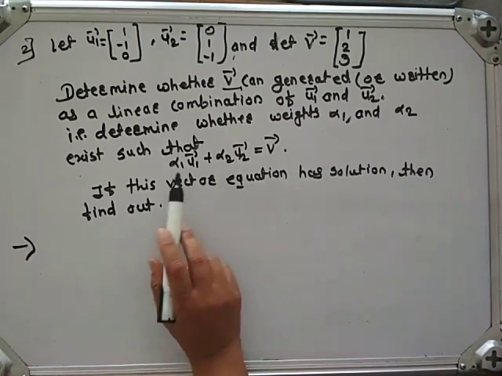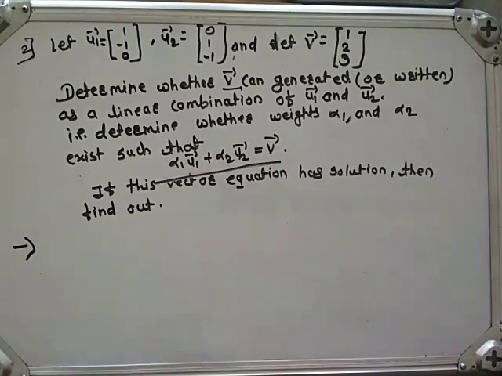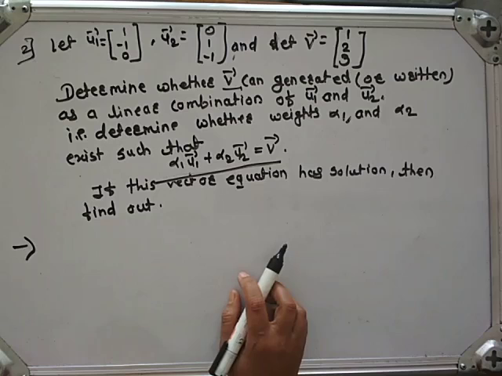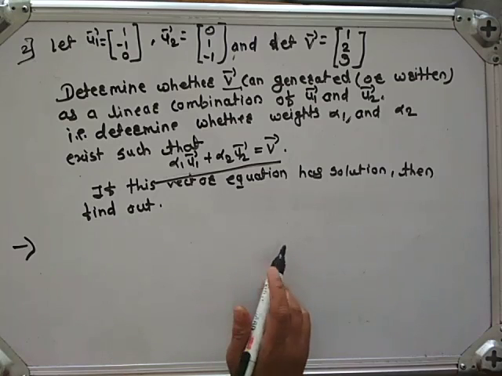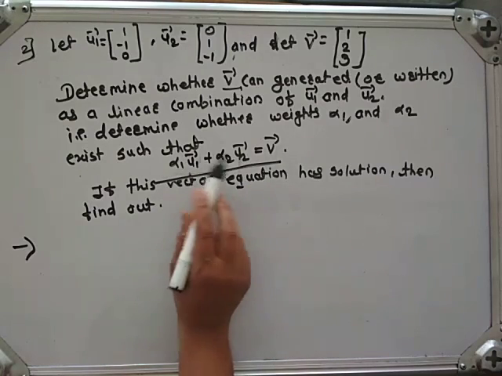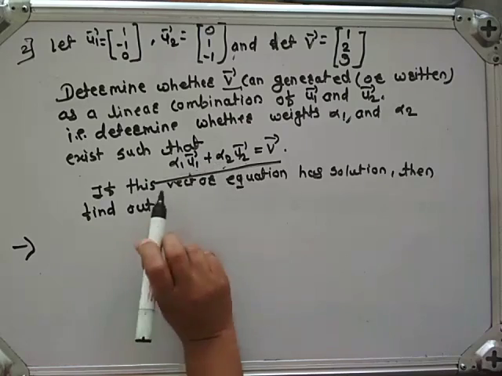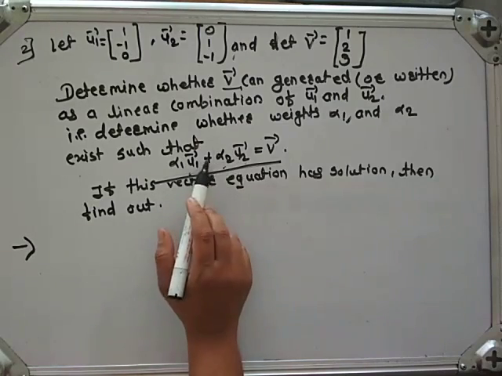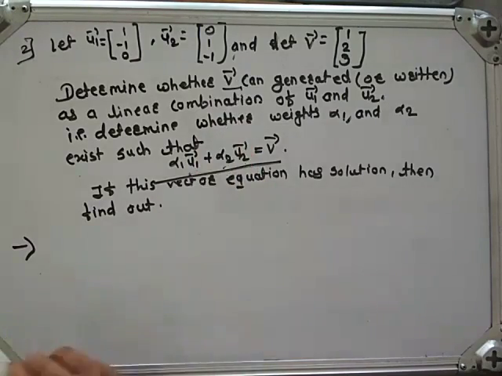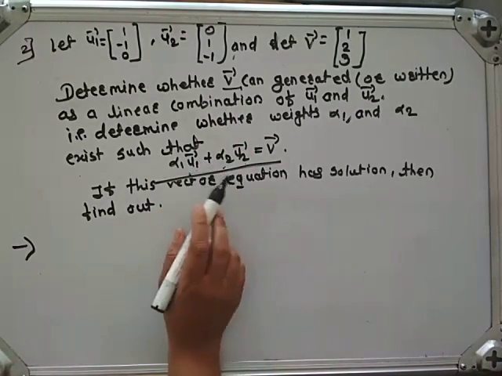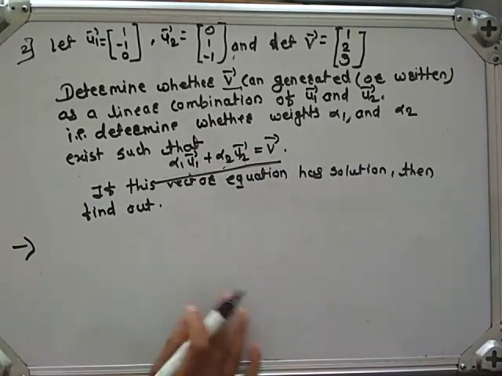If this vector equation has a solution, we have to find it. Means if this vector equation has a solution, then V bar is a linear combination of u1 bar and u2 bar. If this vector equation has no solution, then V bar is not a linear combination of u1 bar and u2 bar.